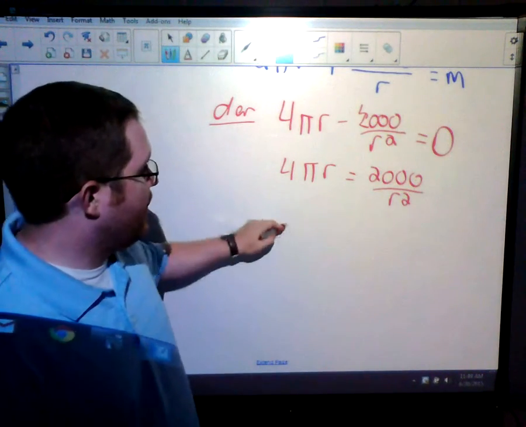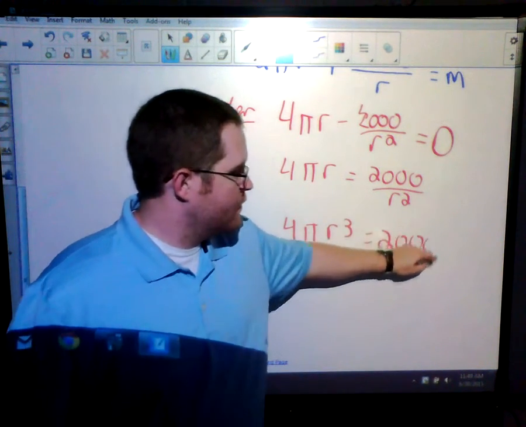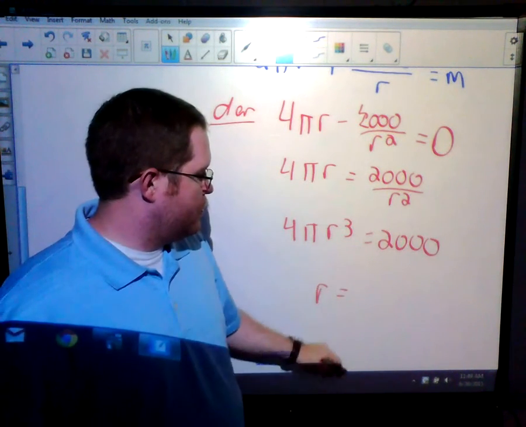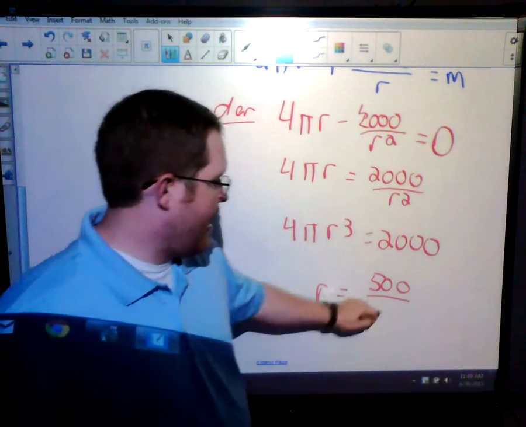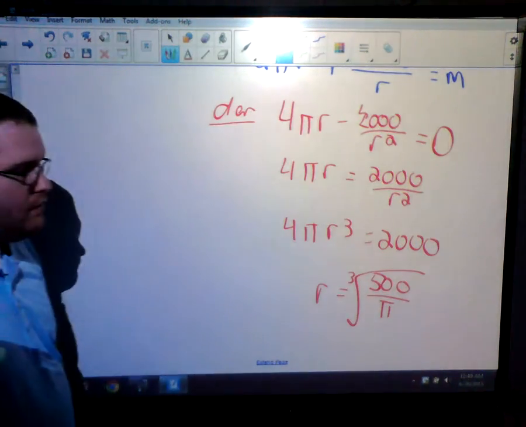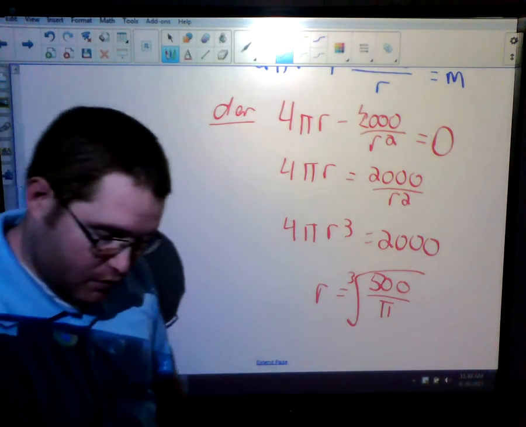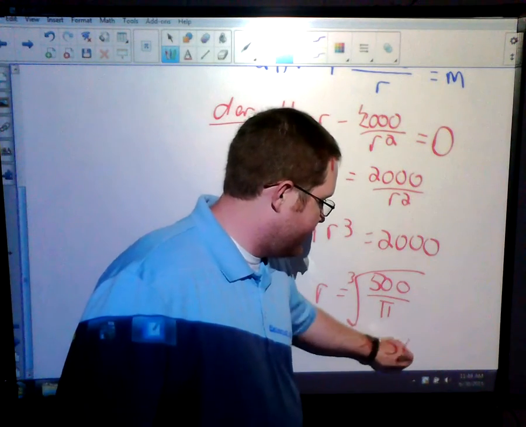Cross multiply, and I would get 4 pi r cubed equals 2,000, which tells me r equals the cube root of 500 over pi, which is roughly 5.419. And I only know that because I did it ahead of time.